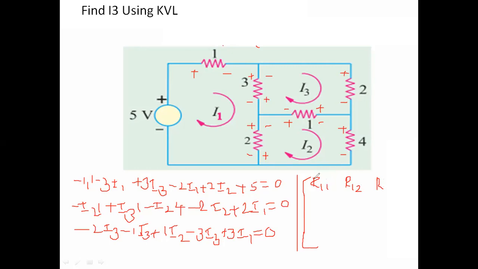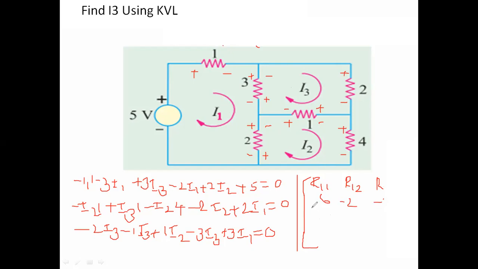For R11, what is the total resistance in this loop? 1, 3, 2. The summation of these three resistors is 6. Similarly, R12, with respect to loops 1 and 2, is the connected resistance between the first and second loop, that is 2, and it is minus 2. For loop 1 and loop 3, it is connected 3, so this is minus 3.